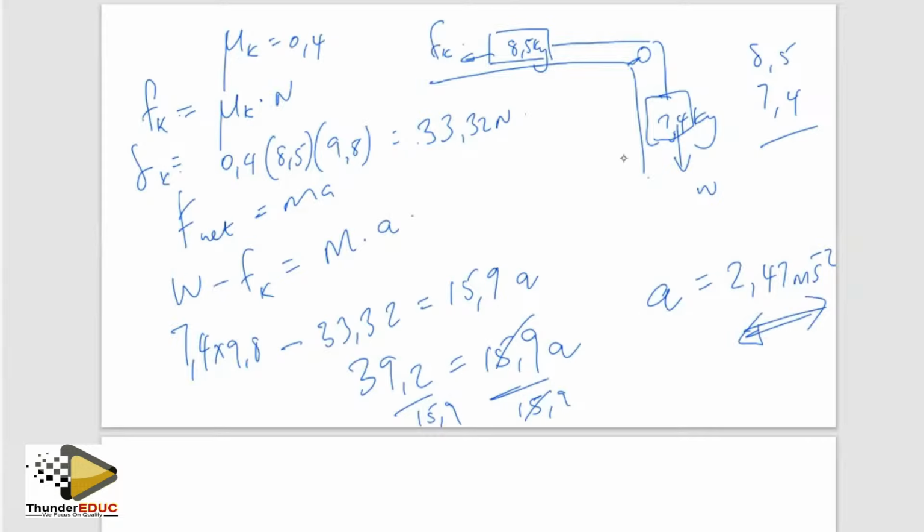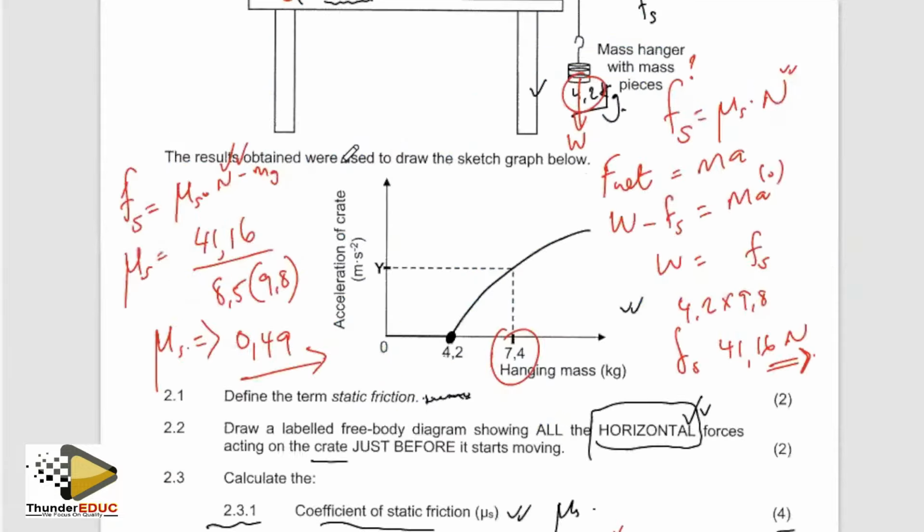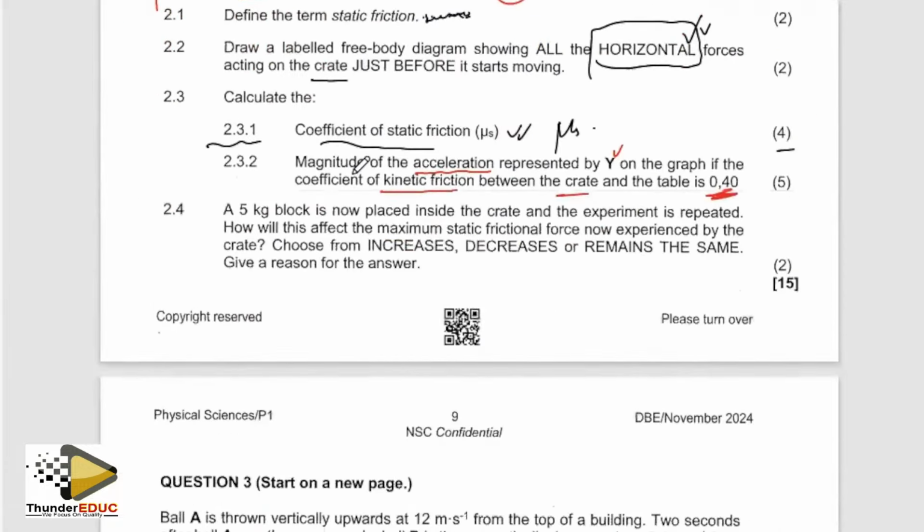Okay, so that is how I would have approached that question. And then 2.4 is telling us that a 5-kilogram block is now placed inside the crate, and then the experiment will be repeated. How will this affect the maximum static frictional force now experienced by the crate?